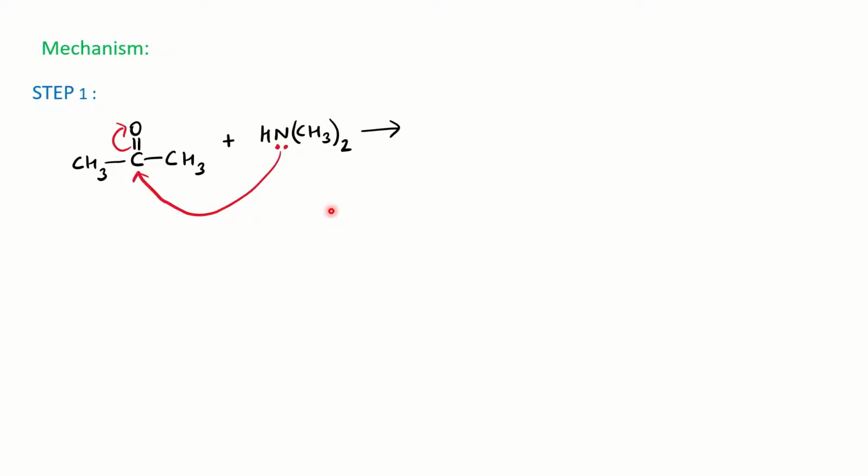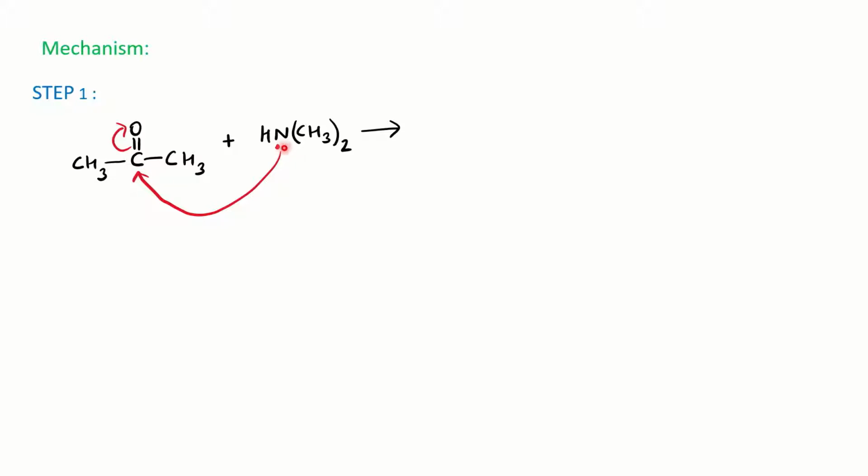Now let's see the mechanism. We have basically 2 steps here. Let's see the first step. In the first step, the reaction will occur between the carbonyl carbon and the amine. So basically the amine and carbonyl compound are going to form the enamine. You can notice here nitrogen has the lone pair of electrons, so it is a nucleophile, and the carbonyl carbon is electrophilic in nature.